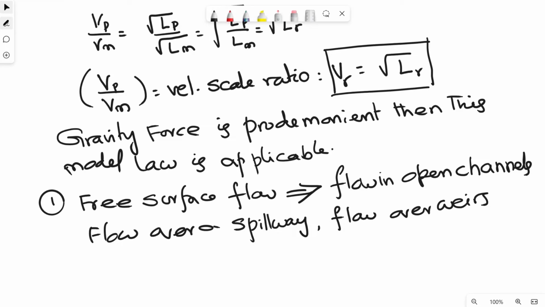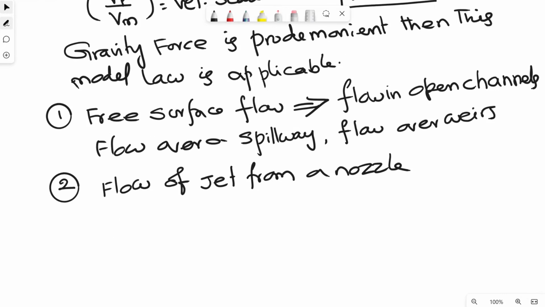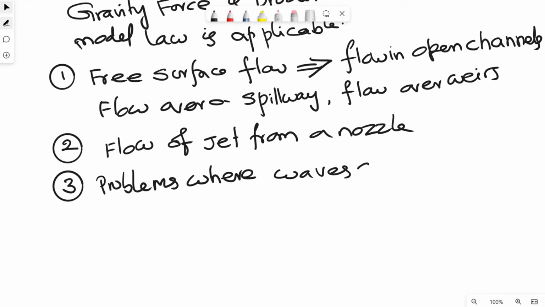In all these cases we apply Froude's model law. That is number one. Number two is the flow of a jet from a nozzle. Then problems where waves are likely to be formed.